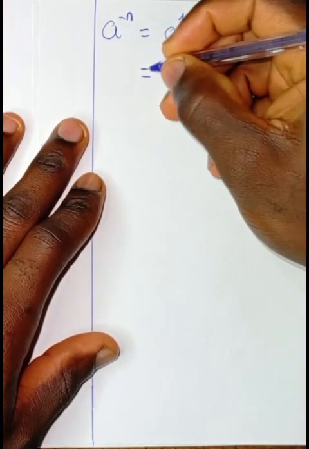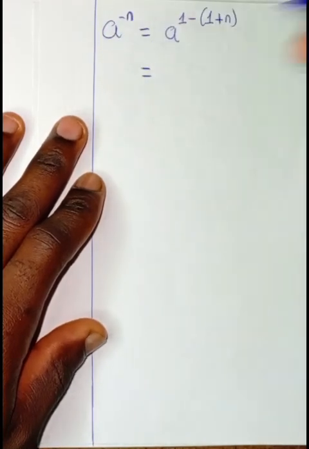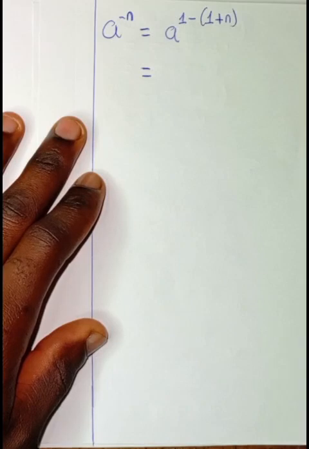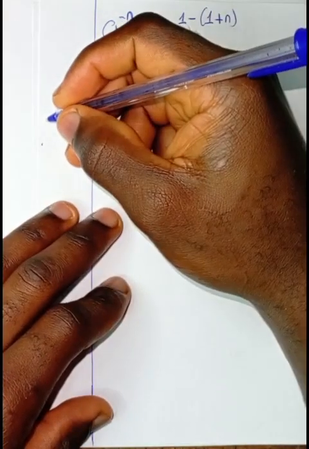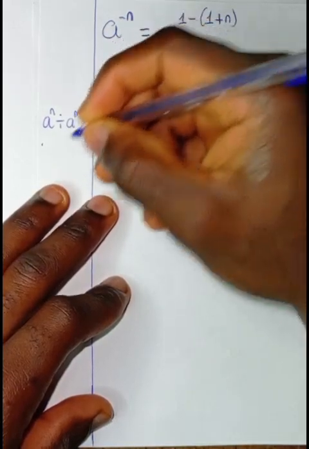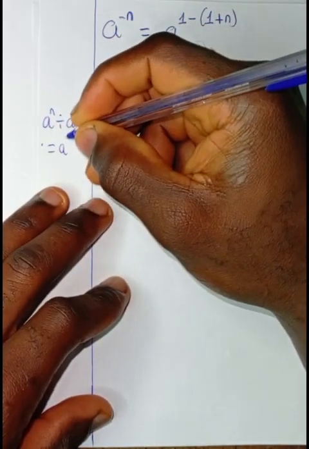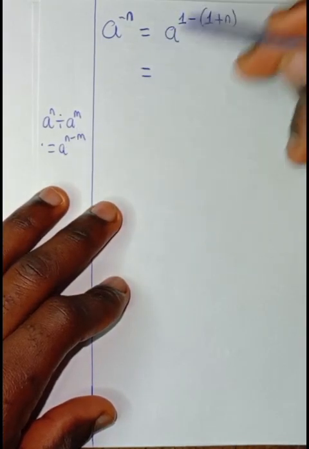The right hand side, this will simply be equal to, we are going to make use of the third property, which says that if you have a raised to the power n divided by a raised to the power m, it is equal to a raised to the power n minus m.